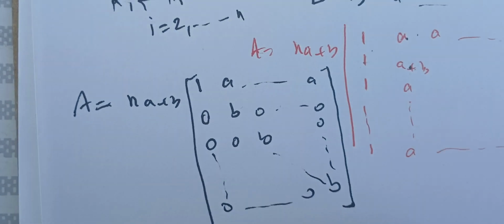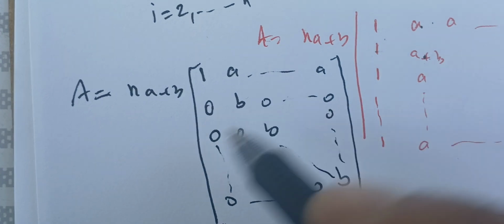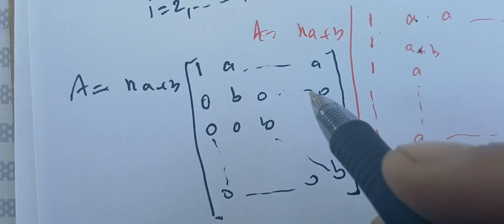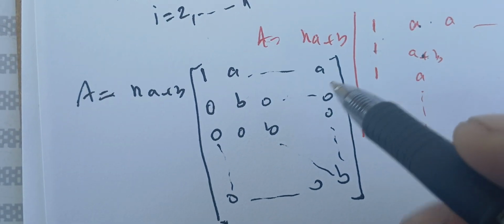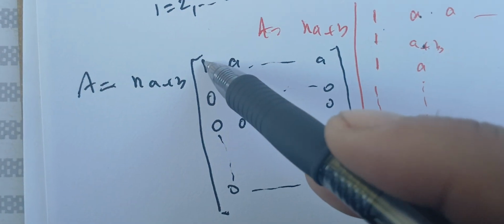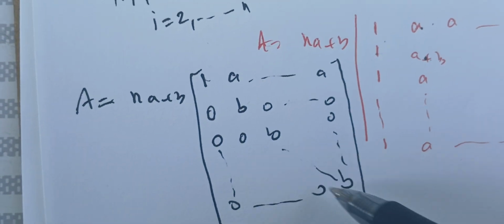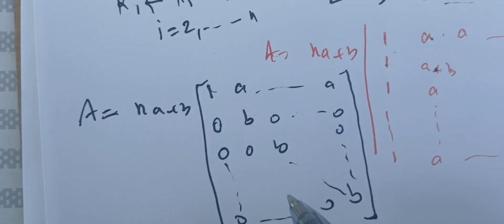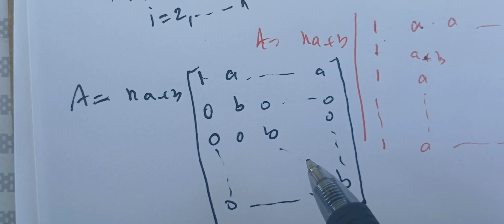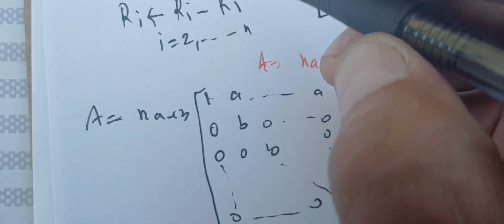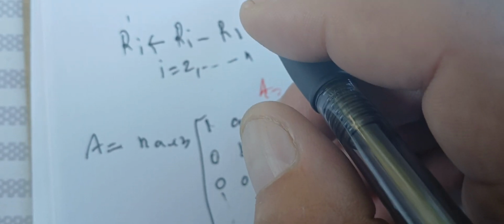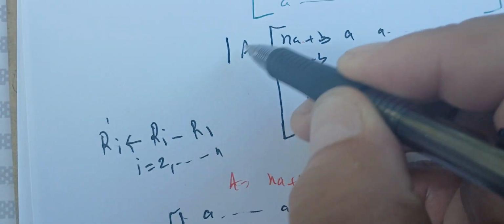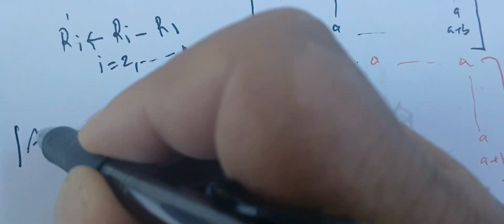Now, do we know the determinant of this one? This is an upper triangular matrix, therefore its determinant is the product of the elements on the main diagonal, so we have b to the power n minus 1. Starting from here I should use the determinant symbol.